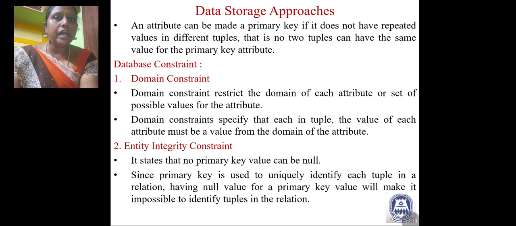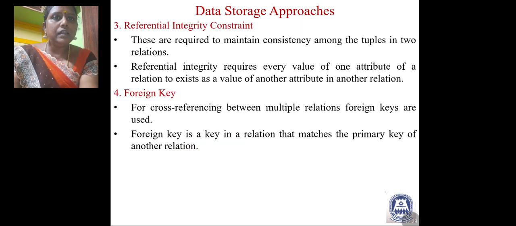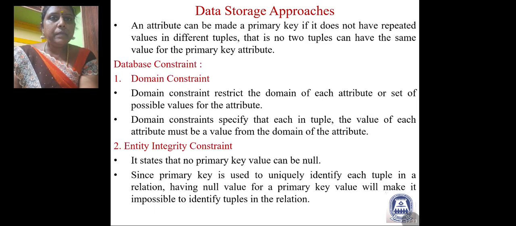Database constraints: we have domain constraints, entity integrity constraints, referential integrity constraints, and foreign keys. First one is the domain constraint. Domain constraints restrict the domain of each attribute, or the set of possible values for the attribute.